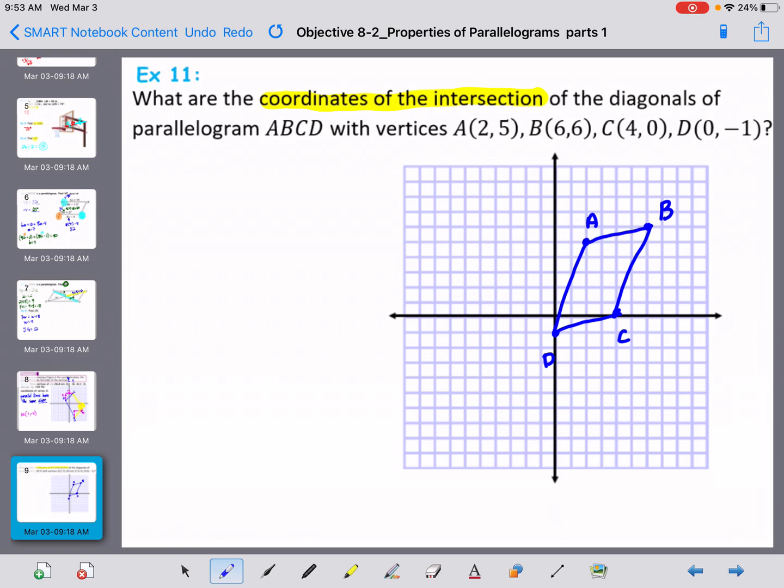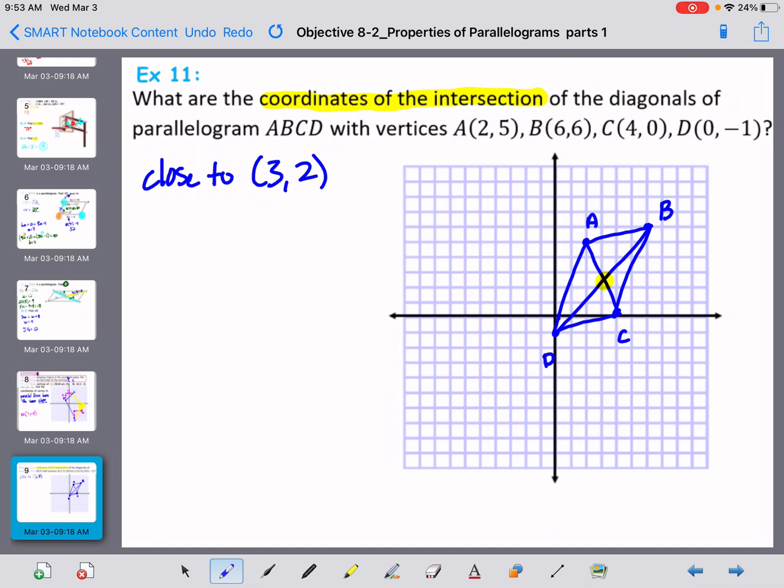The diagonals would be from B to D, and from A to C. Right in this center, that's my diagonal intersection. What would that point be? 1, 2, 3, but it's over a little past 3, and up a little past 2. So it's close to 3, 2. However, I want it to be exact.